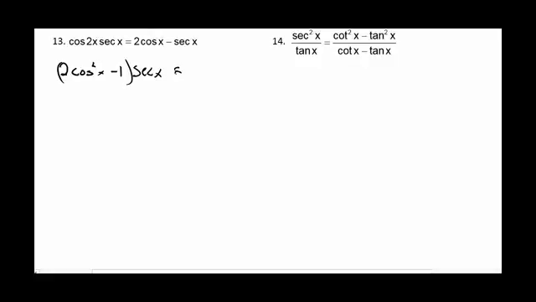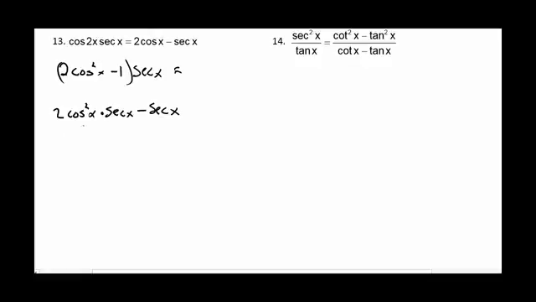You know, there's 3 forms for the double angle of cosine. One of them has a 2 out front. So again, that's what I was leaning towards. Then I'm going to distribute that in. So that would be 2 cosine squared x times secant x minus 1 times secant x.